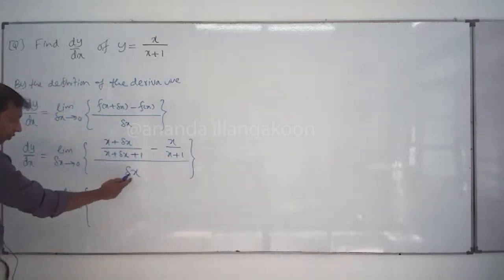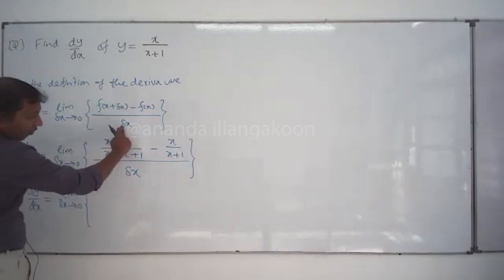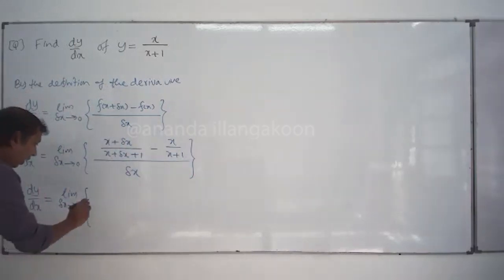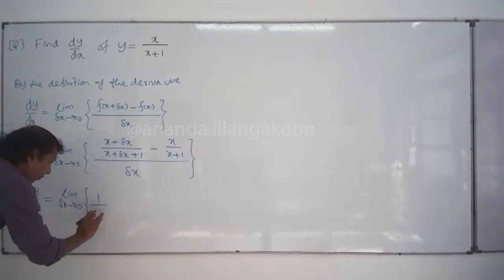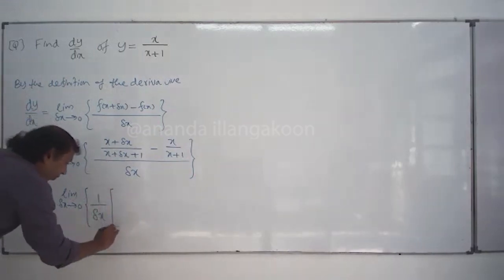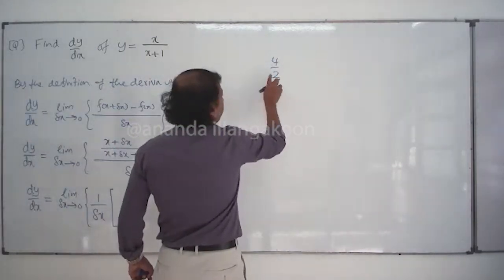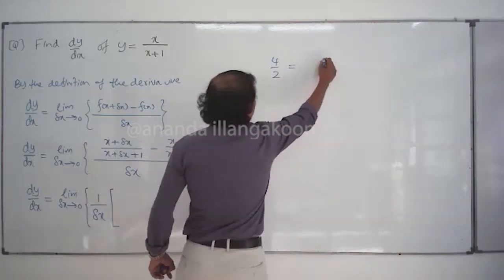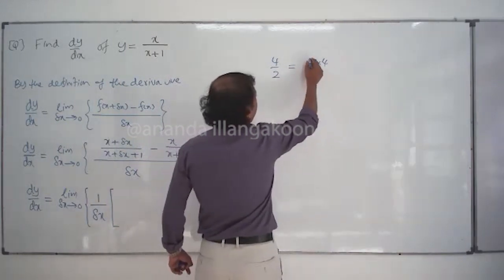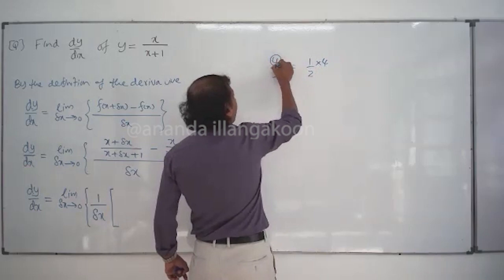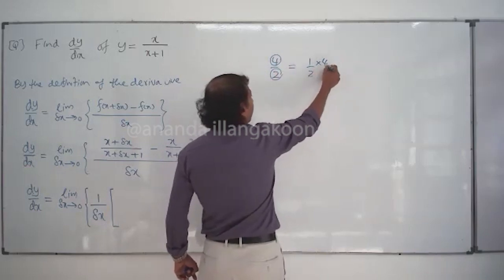Right? This is being divided by delta x. So I am writing that as 1 upon delta x. People, dividing 4 by 2 means it is the same as multiplying 4 by half.